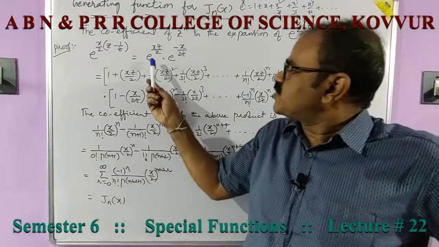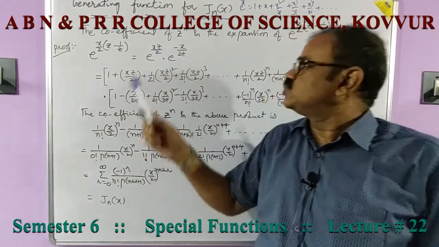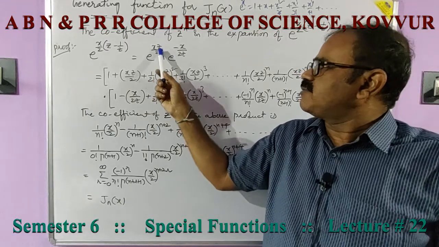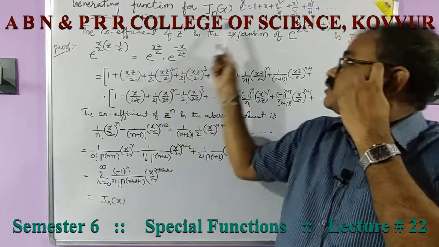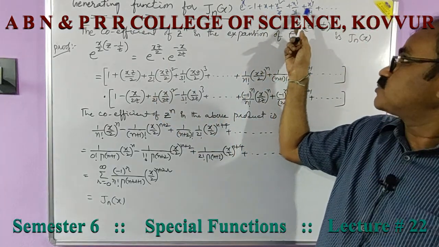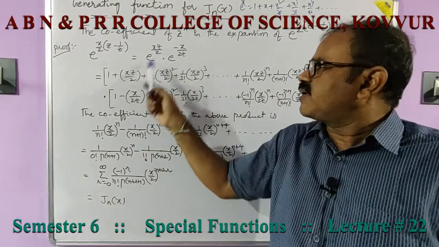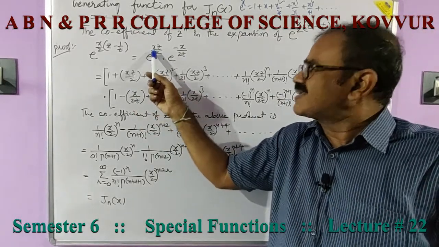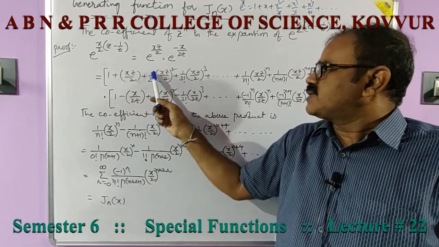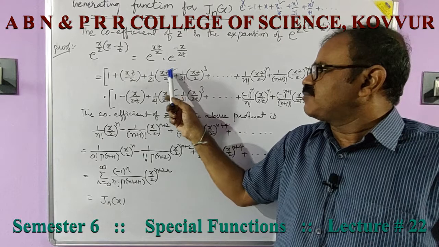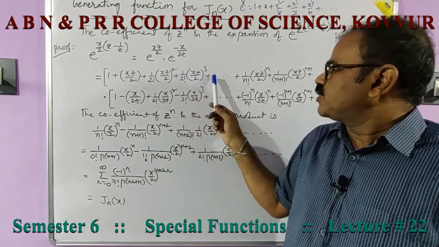So for the expansion of e^(xz/2), in place of x you have xz/2. In the same way, write the expansion of e^(xz/2): 1 plus xz/2 plus 1 by 2 factorial into (xz/2) whole square, 1 by 3 factorial into (xz/2) whole cube, going on and on.